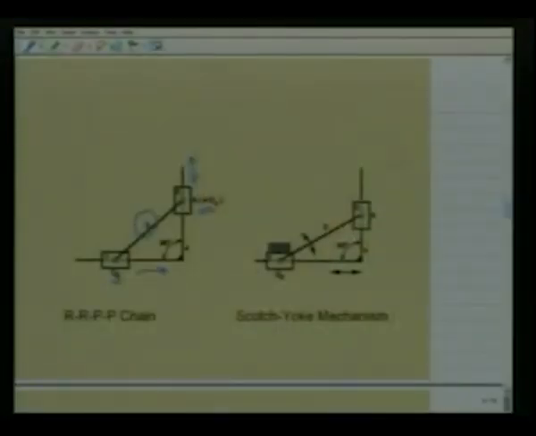From such a 2R2P, that is RRPP chain, we can have different mechanisms by the process of kinematic inversion. For example, let us hold this link number 1 fixed. So we can see that link 4, the output link, can have horizontal movement with respect to the fixed link, as link 2 undergoes rotary motion with respect to link 1, that is the fixed link.